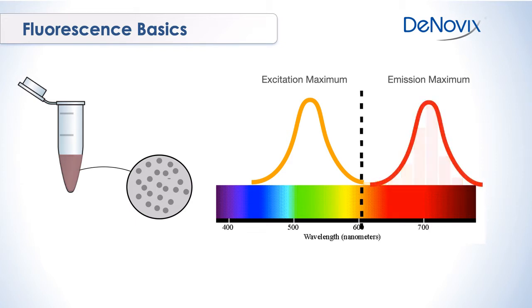So you'll often see data about a particular fluorophore represented like this, with two traces, an excitation maximum and an emission maximum. And where we try to set the excitation and the emission parameters of our technology is around these maxima for both excitation and emission.